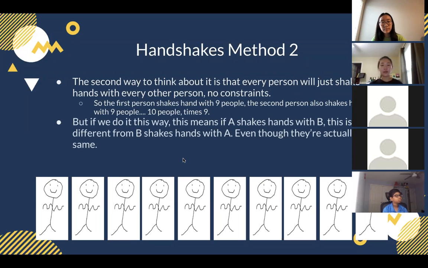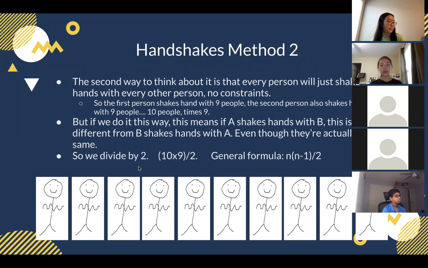But if you do it this way, then the first person shaking hands with the second person, and then the second person shaking hands with the first person, is going to be counted as 2 different things, although they're actually the same thing. So each handshake is actually counted twice, which is why we would divide by 2 after this. So the general formula, you're going to see this again, is the number of people times the number of people minus 1, and everything divided by 2.